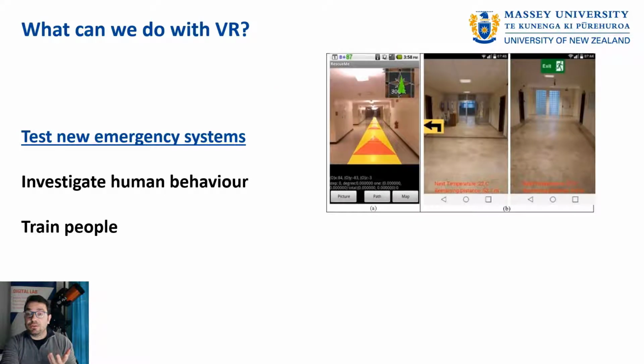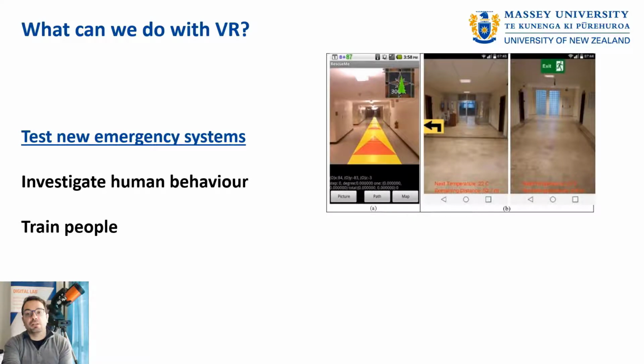Augmented reality has also been used to test different systems, mainly focusing on the use and testing of different holograms. Several types of holograms have been tested and created, and they have the capability to lead people towards either the safest exit or the closest exit.